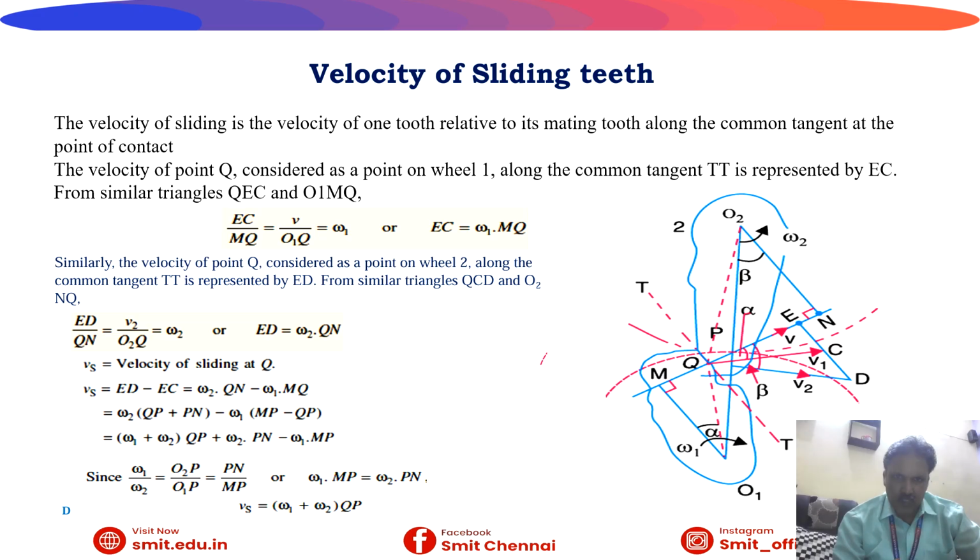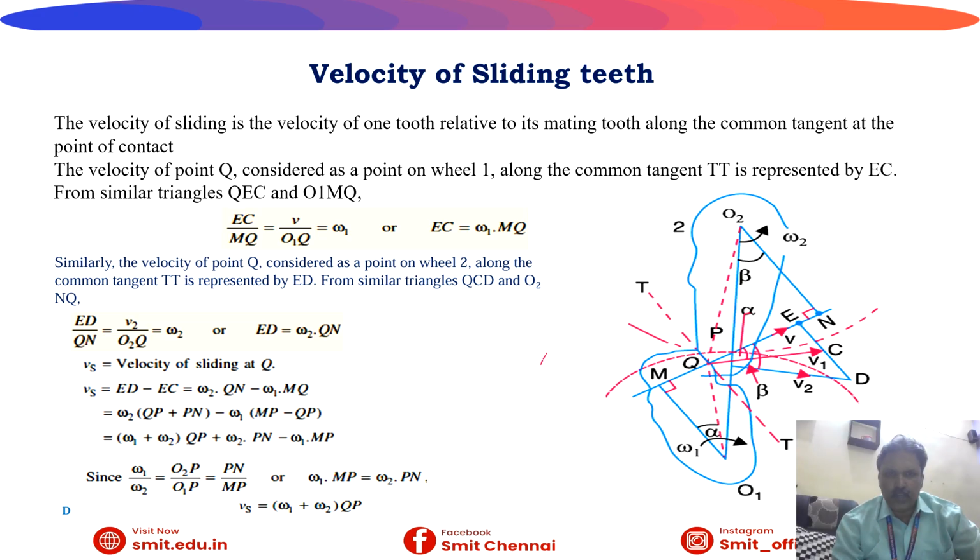Velocity of sliding is the velocity of one tooth relative to its mating tooth along the common tangent at the point of contact. That is important.